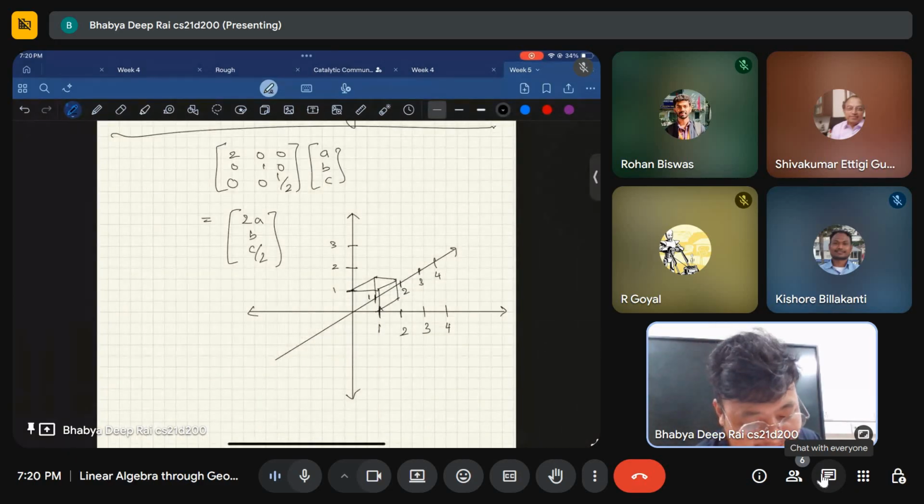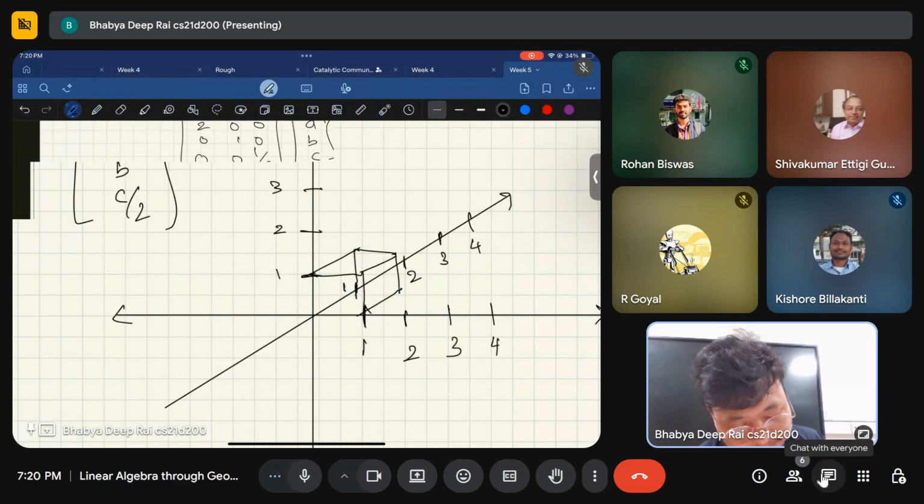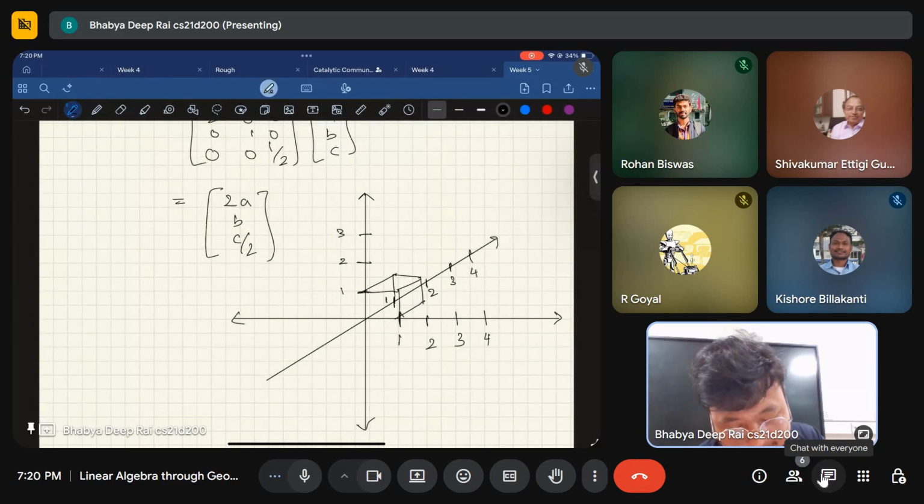Now, if you have a unit cube, let's just consider the dimensions, say 1, 1, 1. What happens is the x part is multiplied by 2. So this is the new spot where it goes. The b part, which is the y part, remains the same.